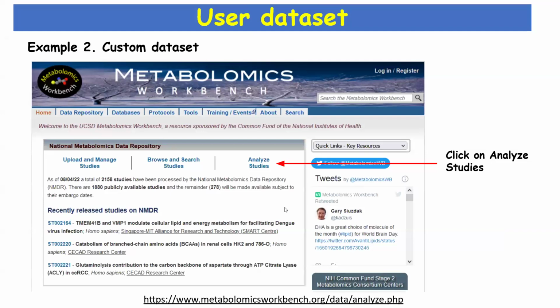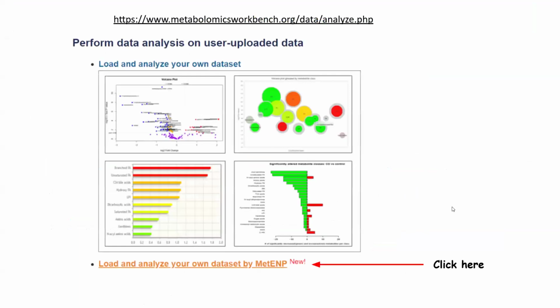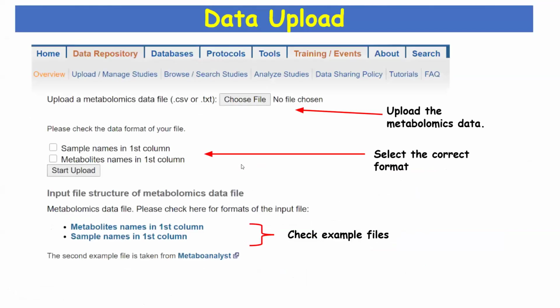The MetENP tool can also be used to analyze users' own data, where they have the ability to upload their own data. So the way to do it is to go to the main page and click on Analyze Studies. And at the bottom of that page, there is a link, Load and Analyze Your Own Data Set by MetENP. When you click on that, it takes you to a page where you can upload the file.